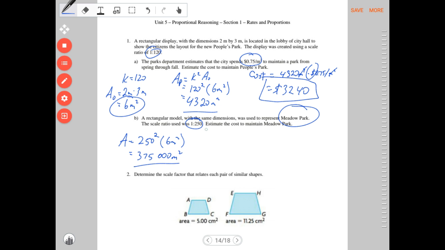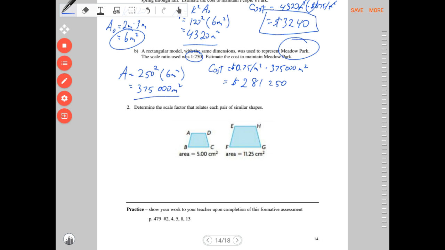And then, of course, the cost for this is 0.75 per meter squared times 375,000 square meters. These numbers are huge, but that's okay. That gives $281,250. So for cities to have huge parks like this, it costs them a very large amount of money to maintain these things for the public. That's what your tax dollars go to.